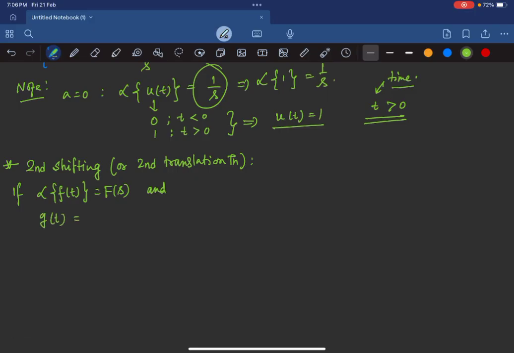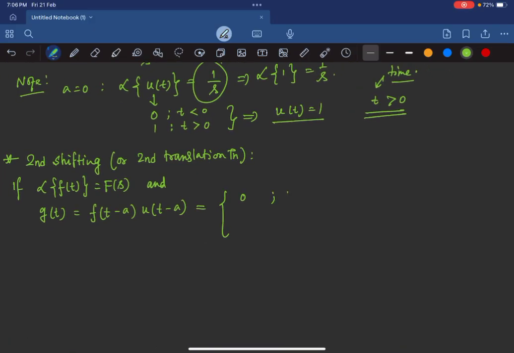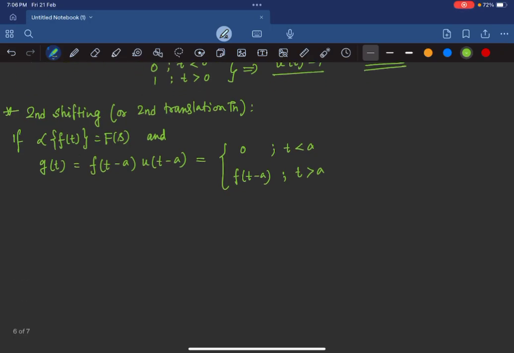and suppose g(t) is another function, a shifted function, f of t minus a multiplied with u(t minus a). As per the nature of the u function, this will become 0 when t is less than a, and f of t minus a multiplied by the unit step function when t is greater than a. This is the nature. Suppose a function is given of this form.